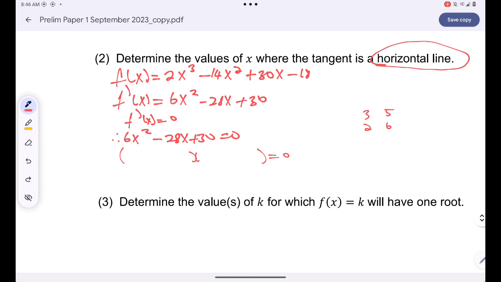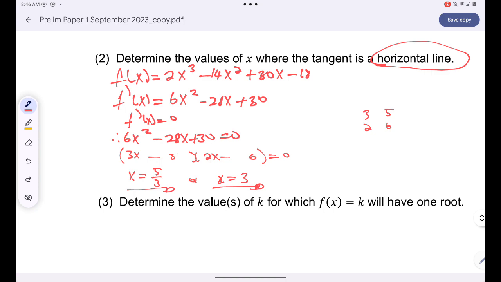Yeah, so our brackets, guys, will simply be 3x and 5, 2x and 6. The sign there is plus, so our brackets will have the same sign. I'll have minus and minus, and hence x will just be equal to 5 over 3, or x is just equal to 6 over 2, which is just 3.